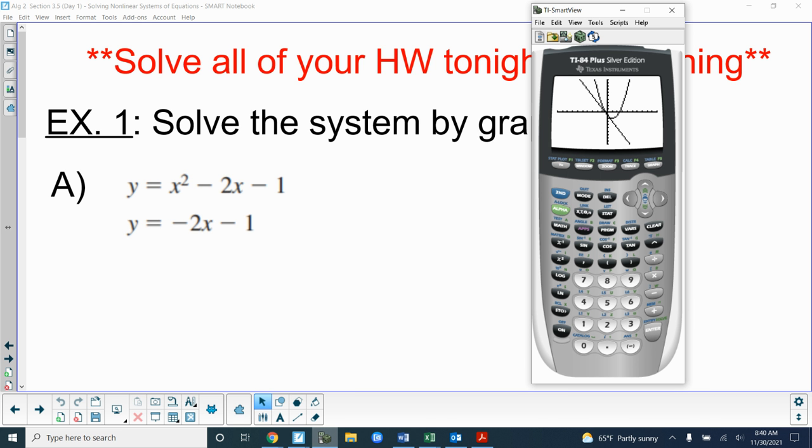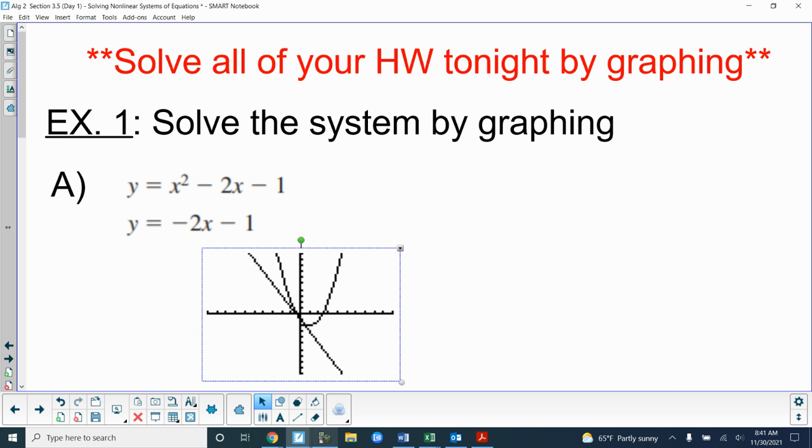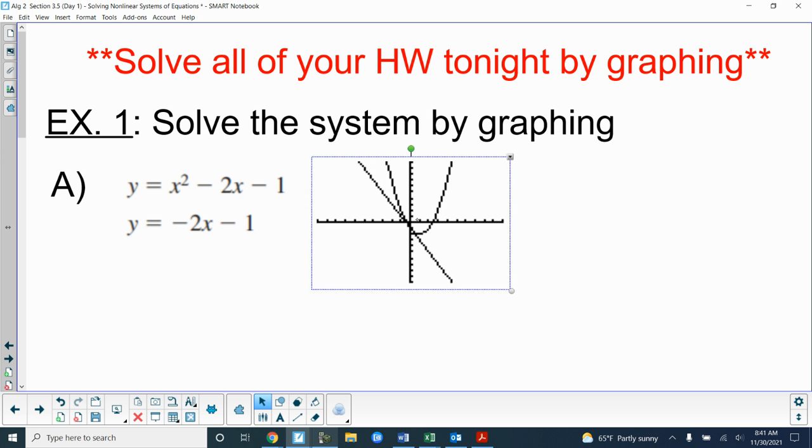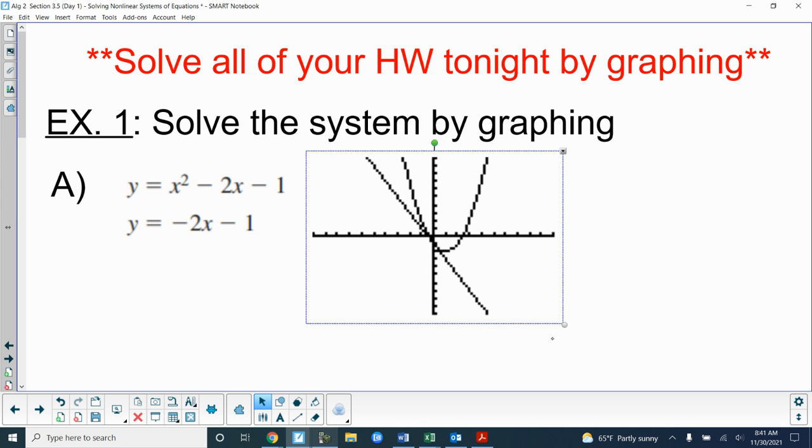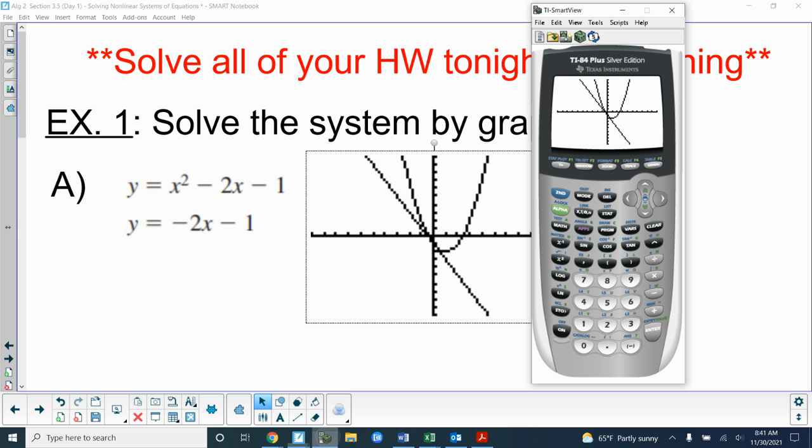So when I go to my table, let me put this out here first so you guys can see it. Make it a little bigger. All right. And then we'll go to the table just to see if I can see the answers in the table.